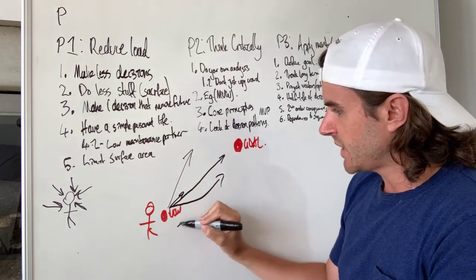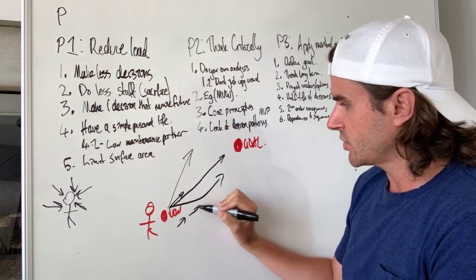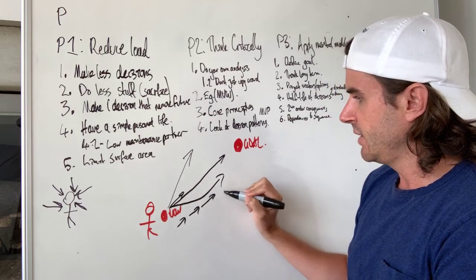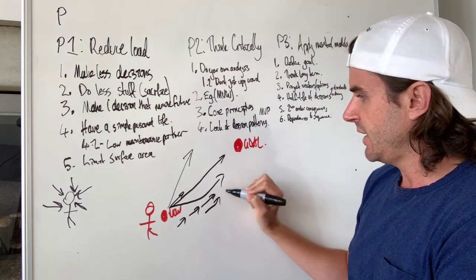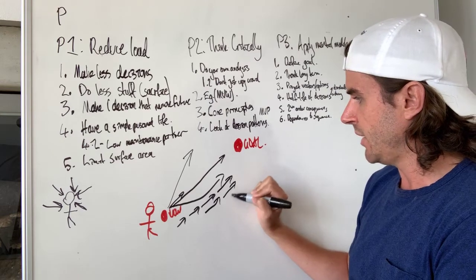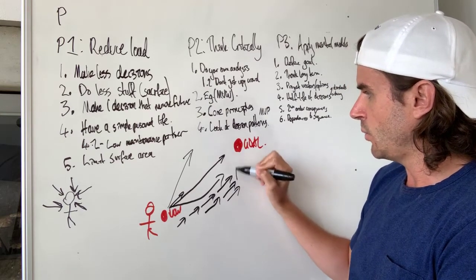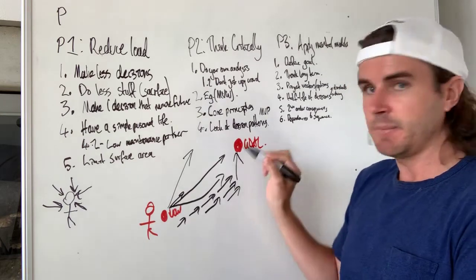So you might take one action here and then one action there, and then two in parallel, and then that allows you to go three in parallel, and then one massive effort to get here, right?